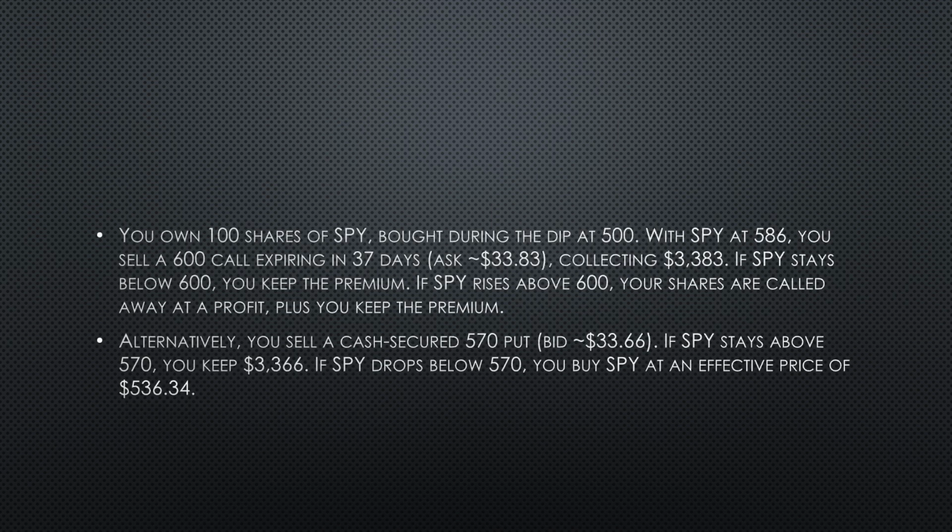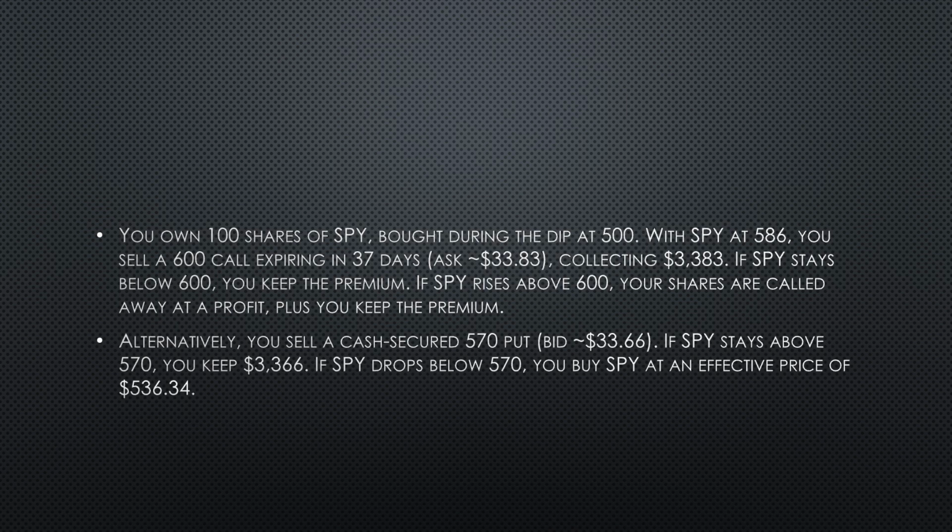You own 100 shares of the SPY, bought during the dip at 500. With the SPY at 586, you can sell a 600 call expiring in 37 days, at the time the ask was 33.83, collecting $3,883. If the SPY stays below 600, you keep the premium. If the SPY rises above 600, your shares are called away at a profit, plus you keep the premium.